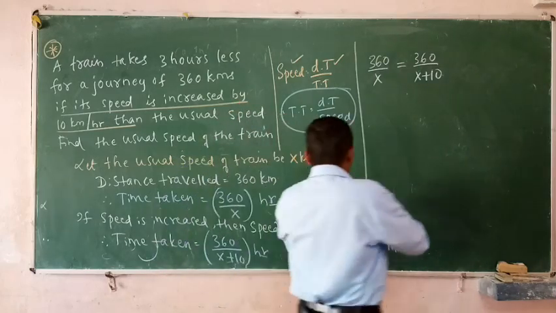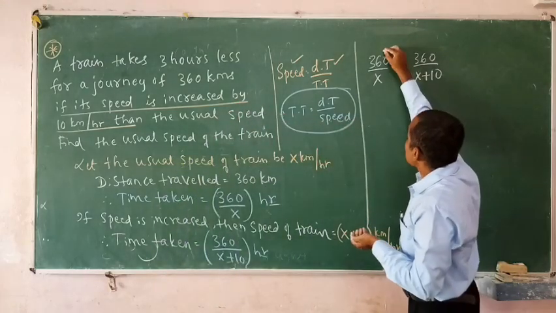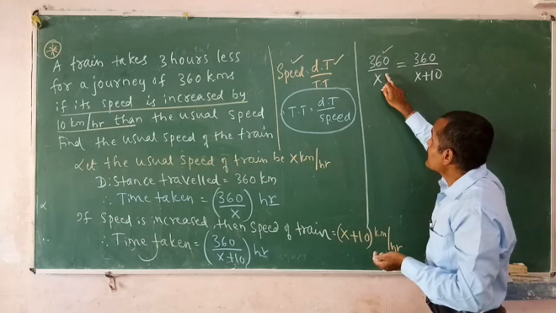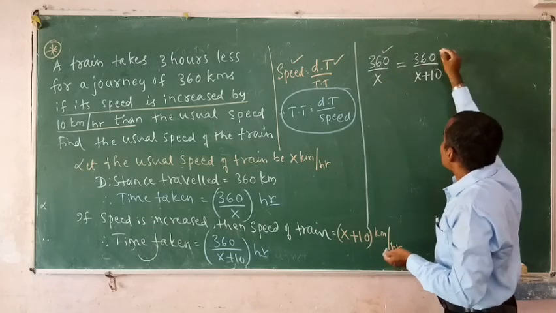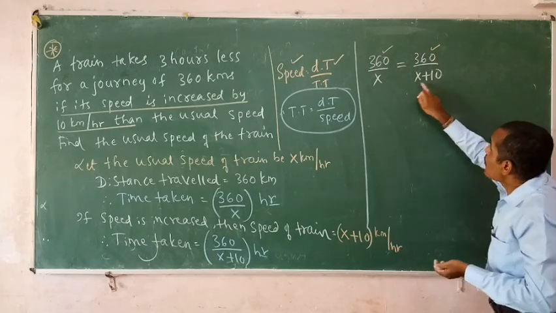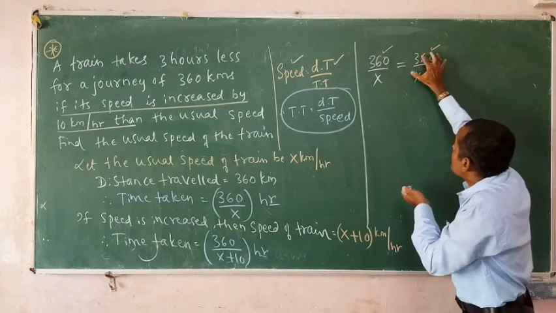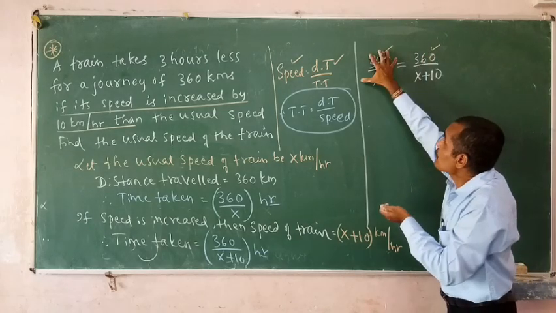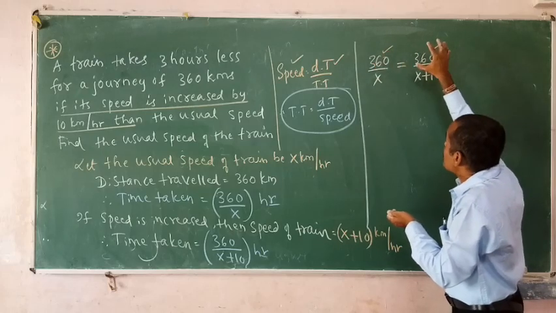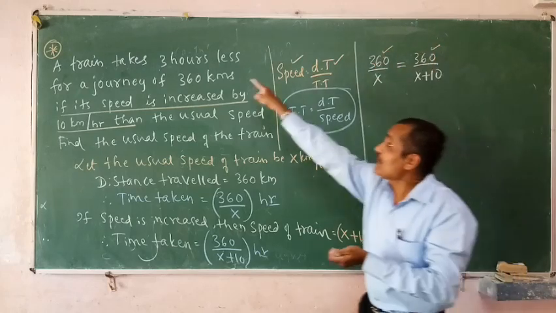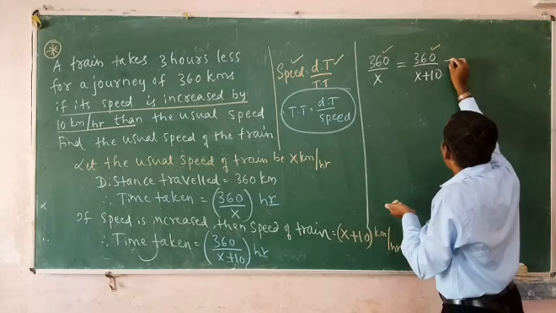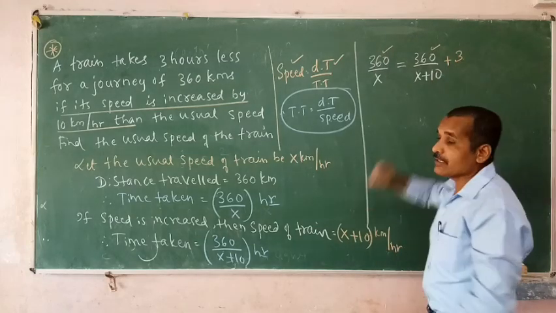Now see here, time taken is more, here time taken is less, because more is the speed, less is the time. So here the value is less, how much less? 3 hours less. So I have to add here plus 3.